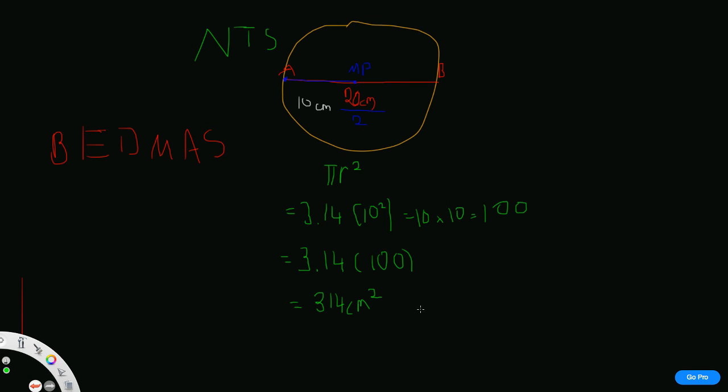We use squared for area and cubed, which is a 3, for volume. This answer represents the area of this circle. This answer is how much there is inside this entire circle.